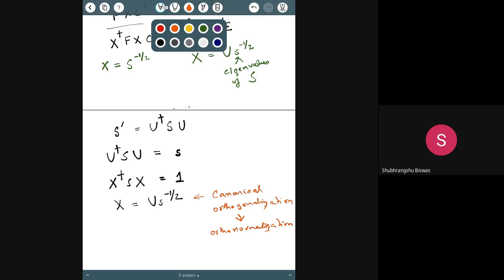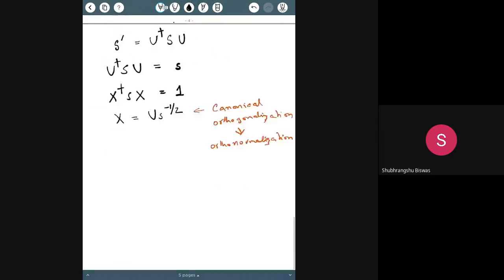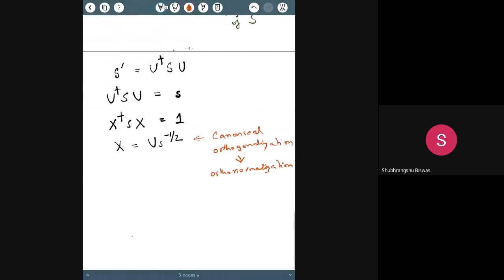There is one more method, which is called simply symmetric orthogonalization.